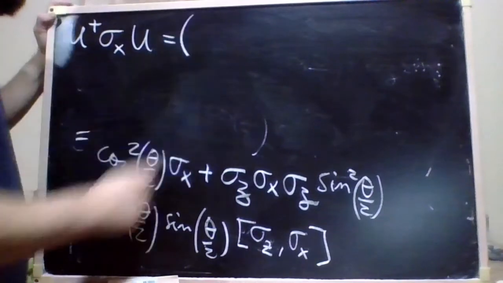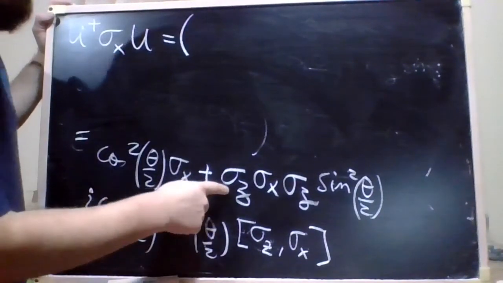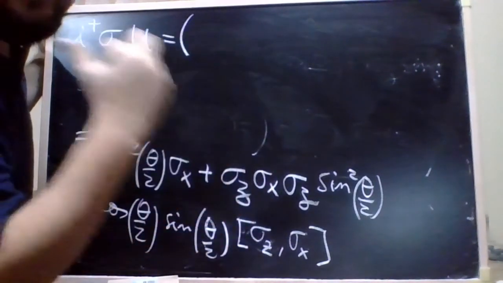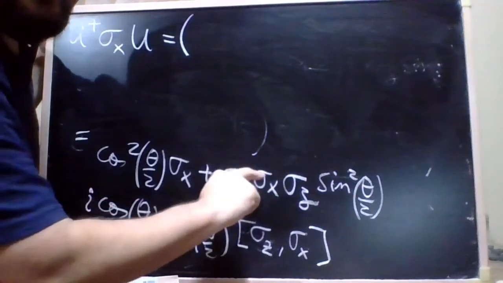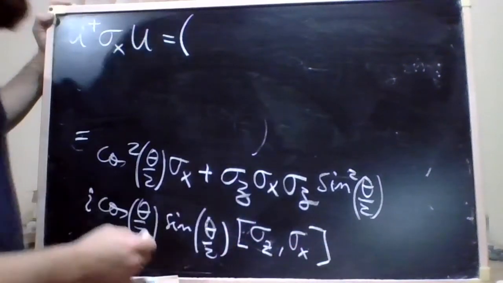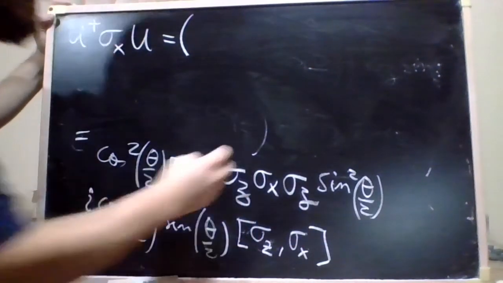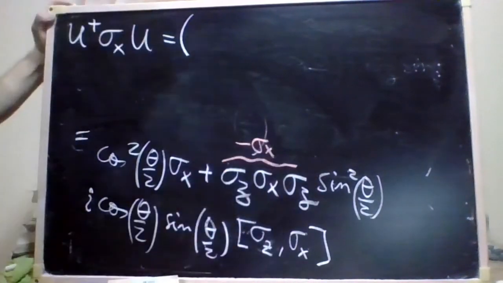I will have, notice, cosine squared, and this term here, I can commute the two matrices, but I get a minus sign because Pauli matrices anti-commute with each other, and sigma z squared is just the identity. So this term here produces minus sigma of x.